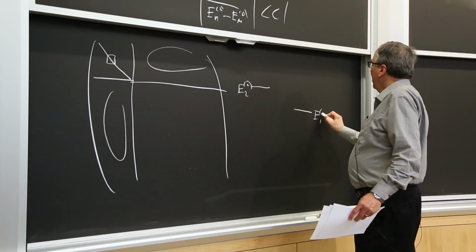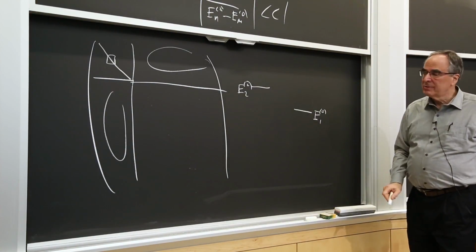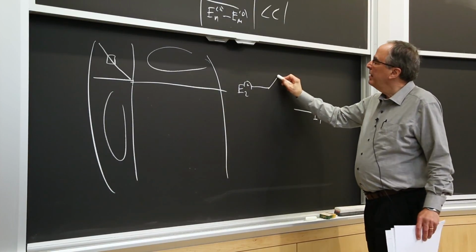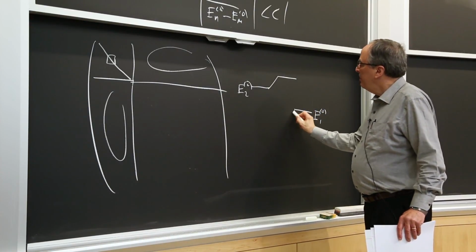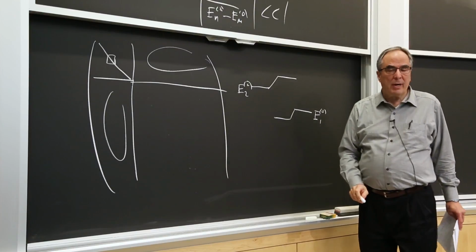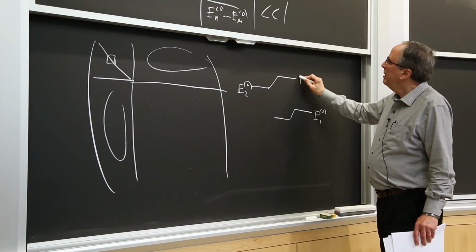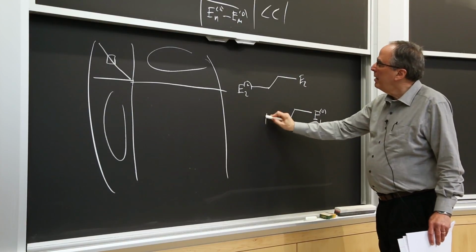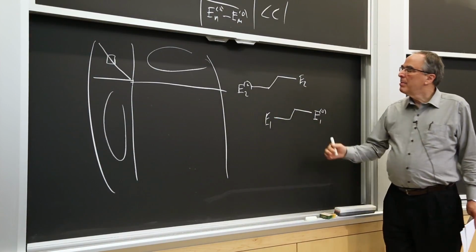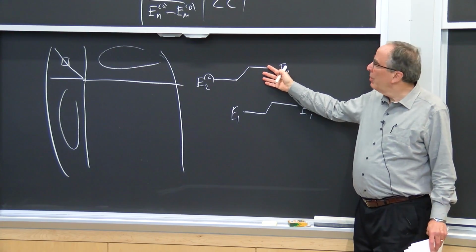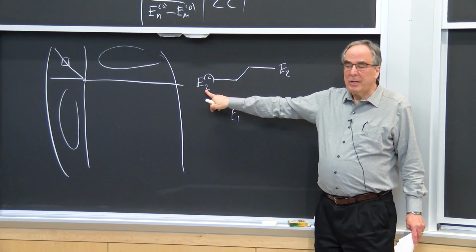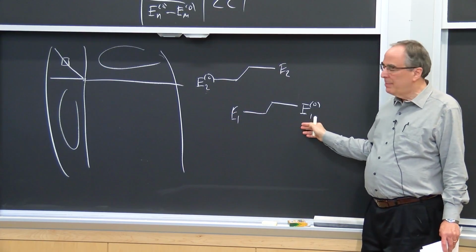So here we have the two zero-order levels, and they interact and repel each other, equal and opposite amounts. And these states, which are E2 and E1, are not pure state 2. They have a mixture of state 1 in them.